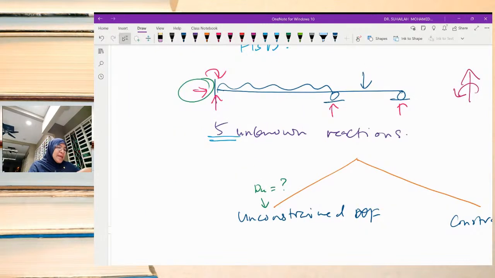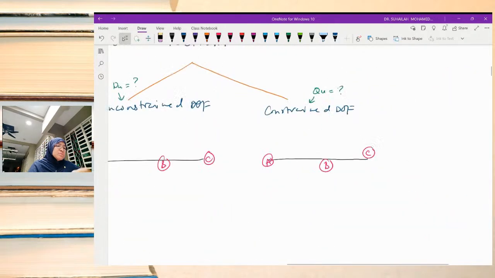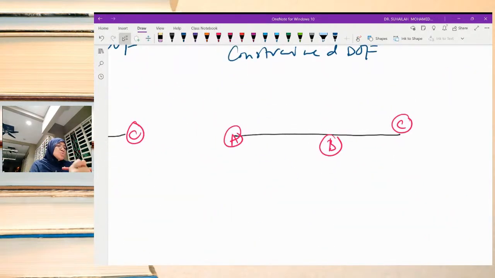So at A we just need to count 2 degrees of freedom. So we put here 2 degrees of freedom.